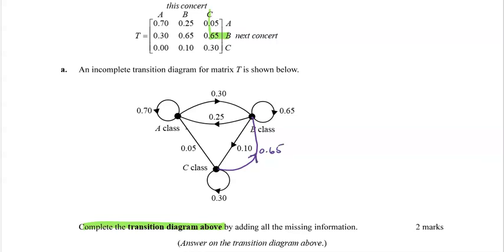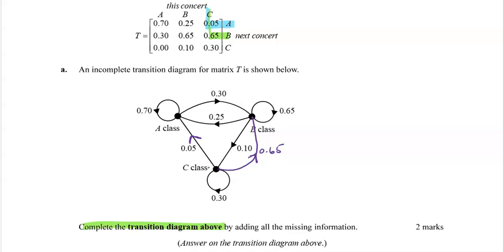We're missing a direction for class A connecting to class C, but we can see that the proportion is 0.05. So in our matrix, C to A is 0.05. So we need to add a direction here going from C to class A.